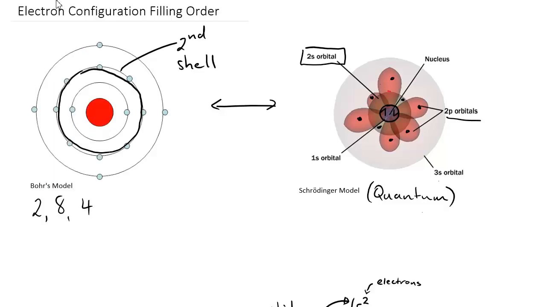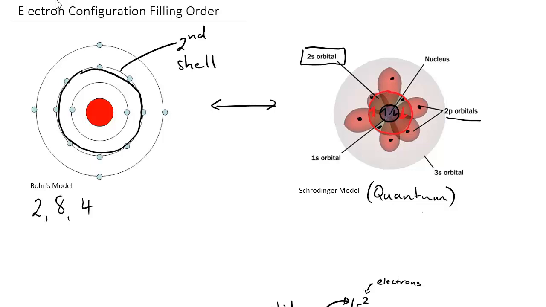The 2s orbital is this sphere right here. Because this is a spherical orbital, all you can have in a spherical orbital are 2 electrons, one pointing up and the other one pointing down.